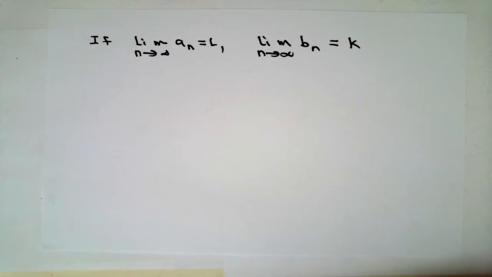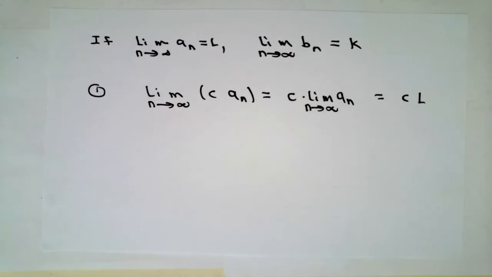So I'm going to presume that the limit as n tends to infinity of a_n is some actual number L, and the limit of the b_n's is some actual number K. By actual number, I mean no inclusion of the infinity or negative infinity symbol for the L or K. Firstly, the limit of a constant times a function, in this sense meaning sequence function, is the constant times the limit of the function.